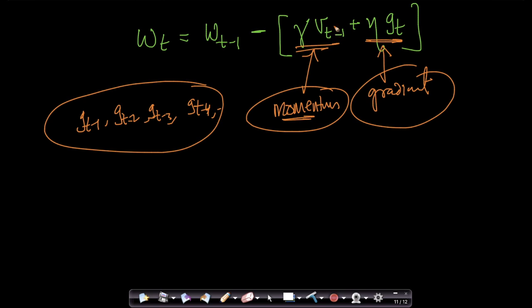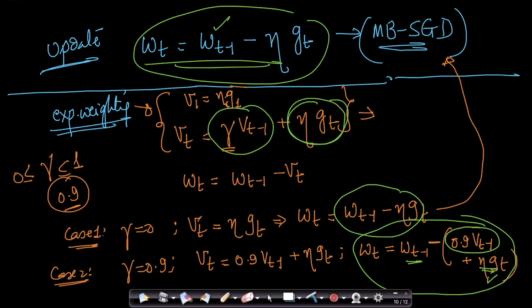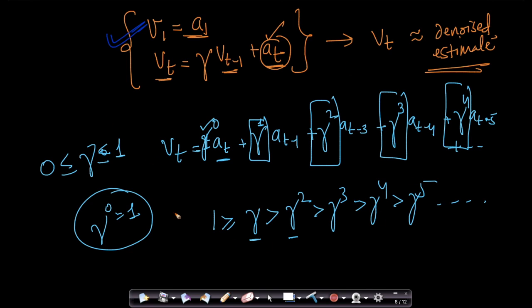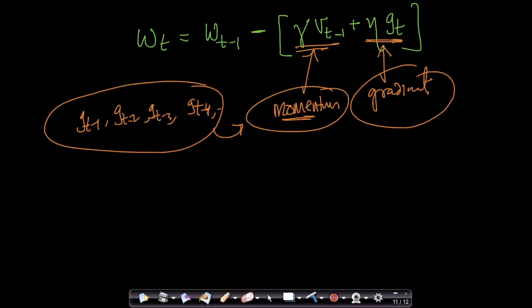Literally in Vt minus 1, I inherently have all of these values, because through this definition, just like in the case of A1, A2 that we have seen, this data is already present. So your Vt is eta times Gt.